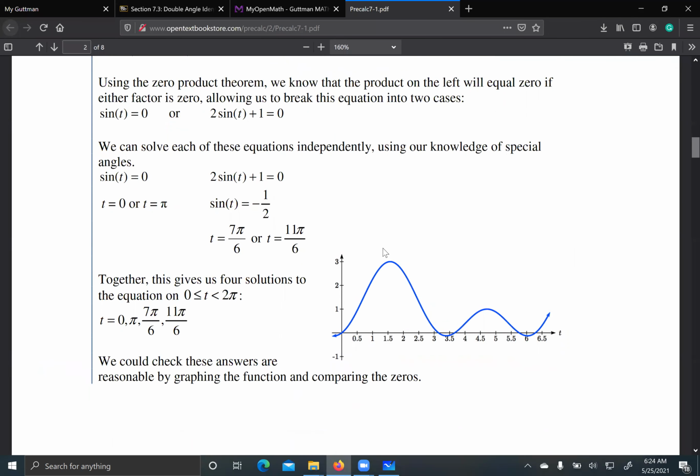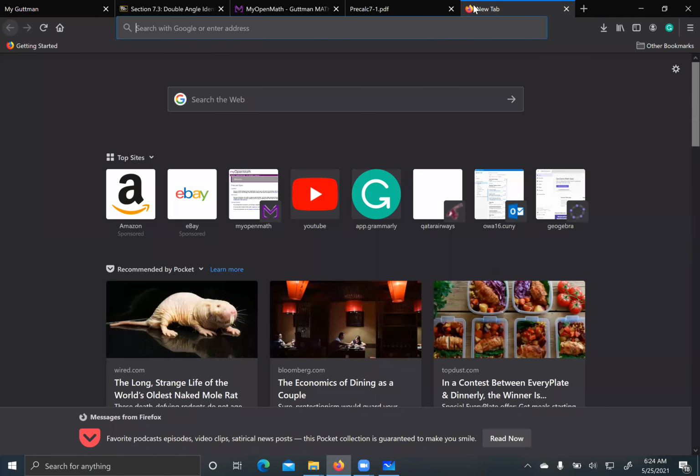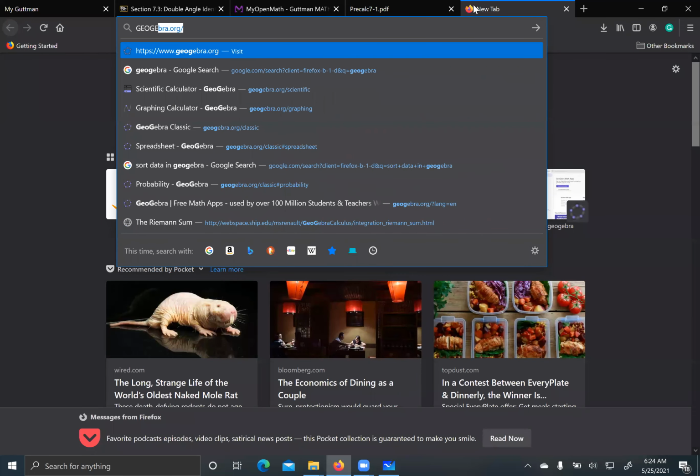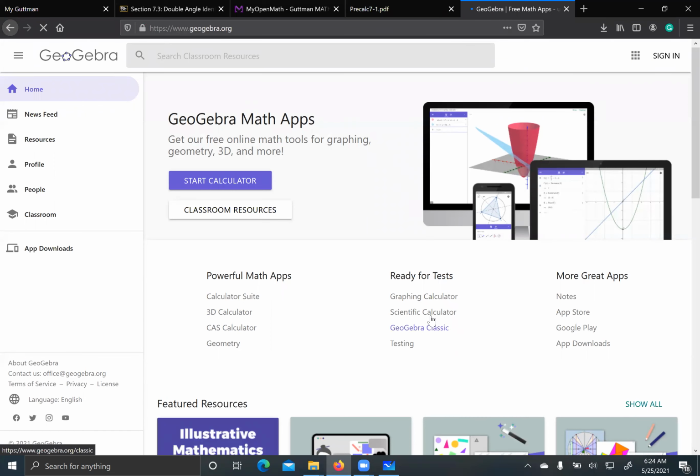And if you want, you can also verify that with the graph. Let's go to GeoGebra and just look at the graph of this graphing calculator.